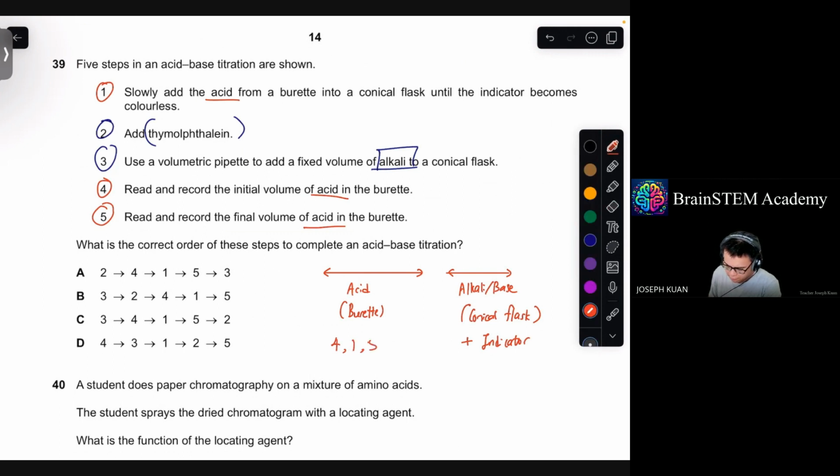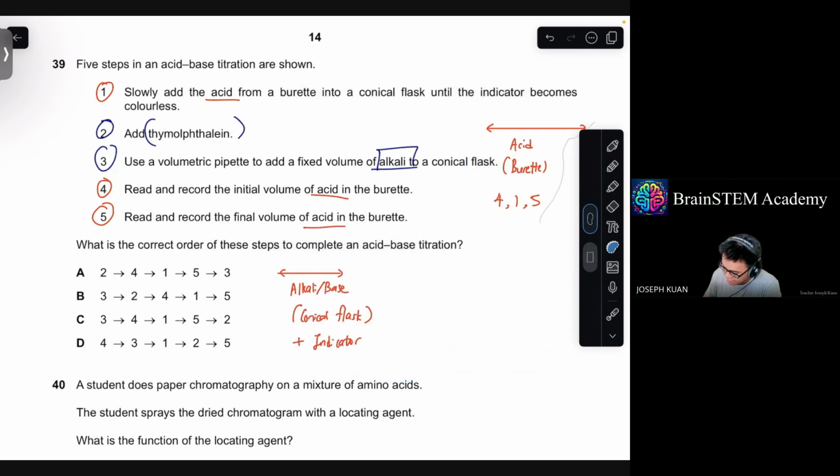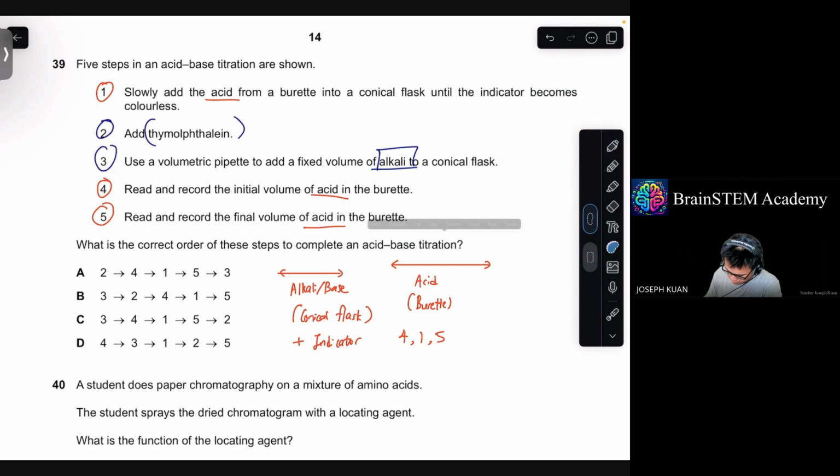So the sequence should be 415 for acid, and we see that the conical flask is ready in step 1. So it should be setting up the alkali first, followed by the acid. So the best answer is B. So let's recheck everything.